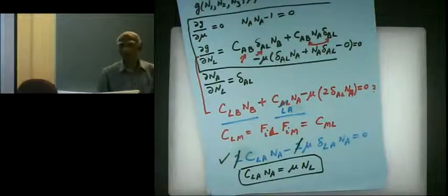We need to find eigenvectors of C. They will give you directions in the reference configuration, not in the present configuration, not in the deformed state. They will give you directions in the undeformed state.